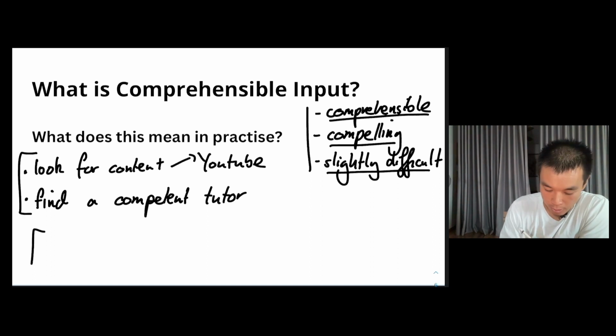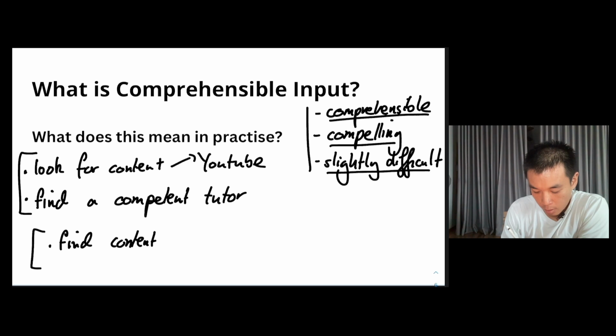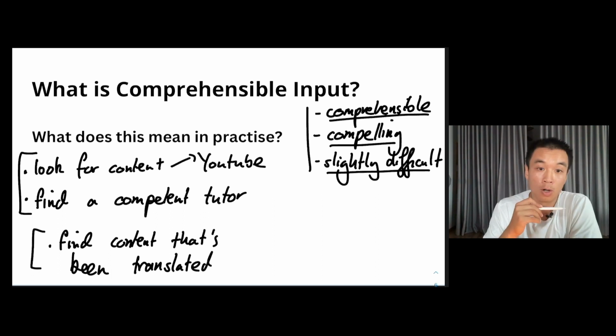And the other strategy I've already alluded to is to find content that's been translated. This is more of an intermediate or advanced strategy when you're already somewhat competent at a language.